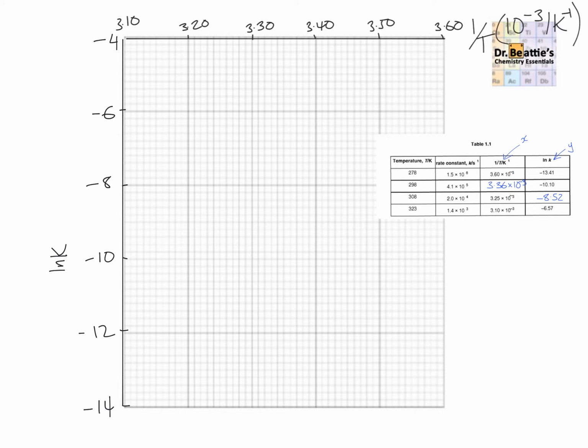And this is something to be aware of if you're doing the reverse. If you're given a graph and asked to read something off it, always check that you're looking at the units of temperature, because that can affect obviously the answer you get.